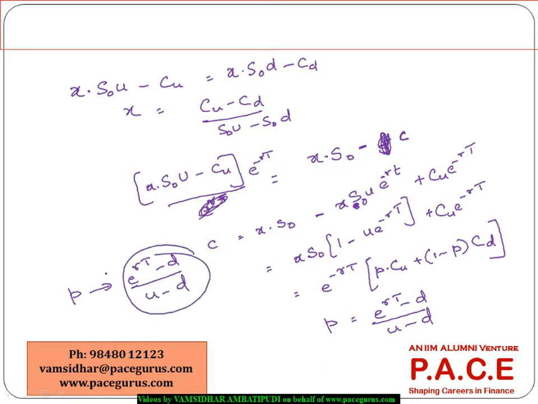From this example, I can generalize it and find out that the probability of the price typically going up works out to e power RT minus D by U minus D. But from a practical perspective, I can set up a portfolio in such a way that the value of the portfolio does not change on the expiration of the contract. If the value is the same in any case on expiration, it is like a risk neutral, or risk free, portfolio.